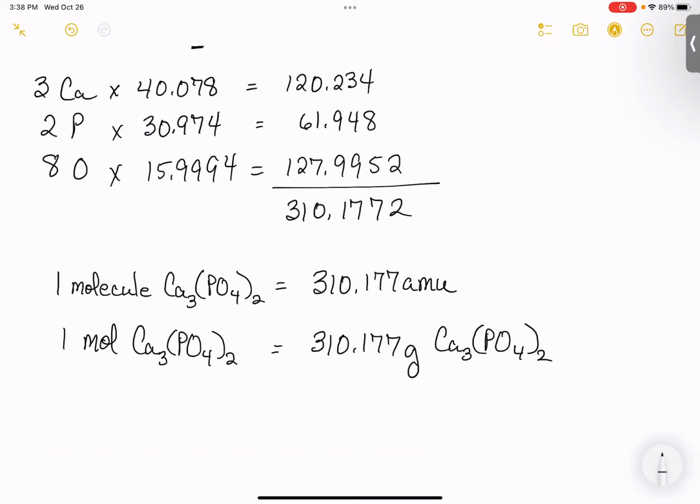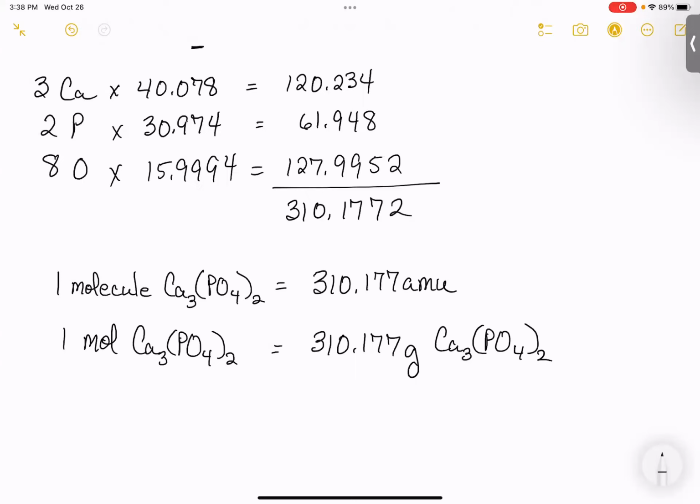Questions? Yes. For the mass for phosphate, well, it has more numbers on the periodic table. Why did you find out?